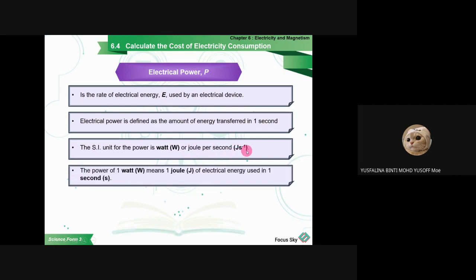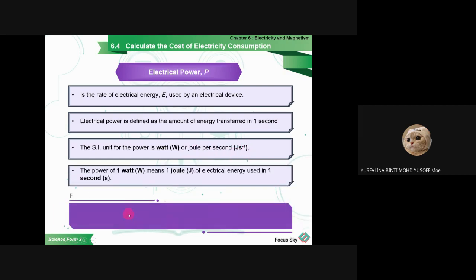So this is the formula: P equals E over T. P is the electrical power in watt, E is the electrical energy in joule, and time must be in second. So this is the formula for electrical power.